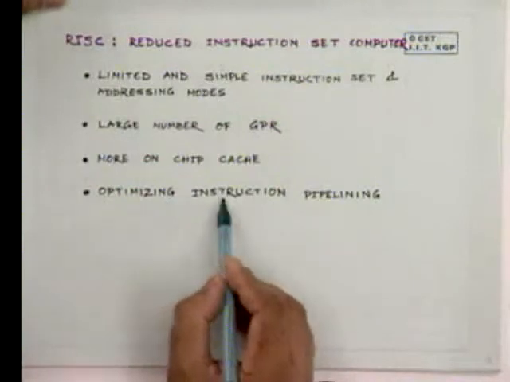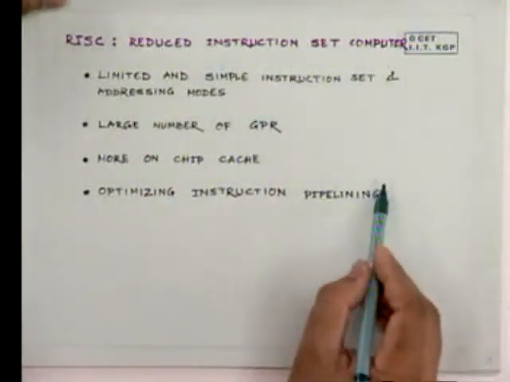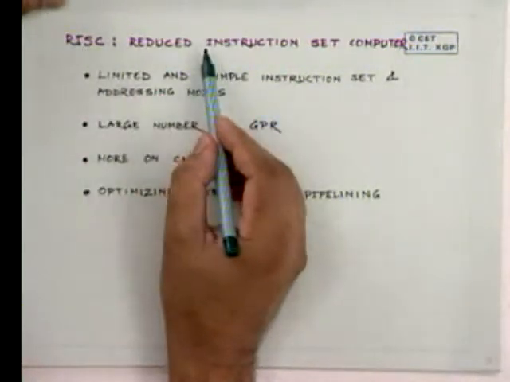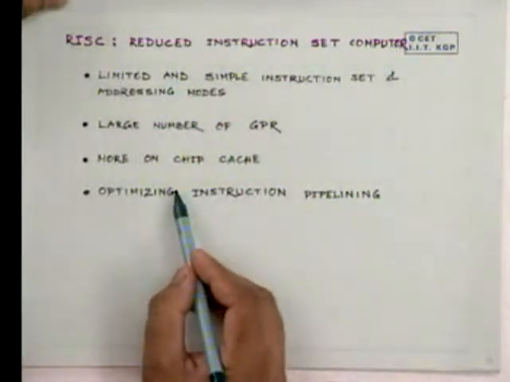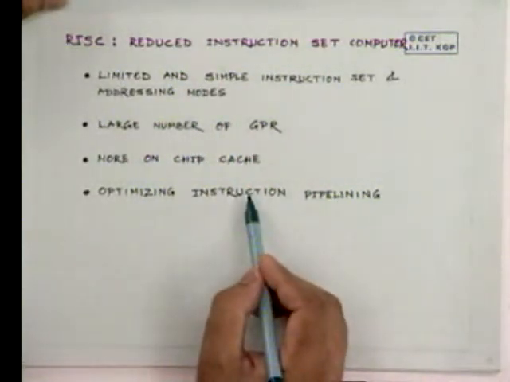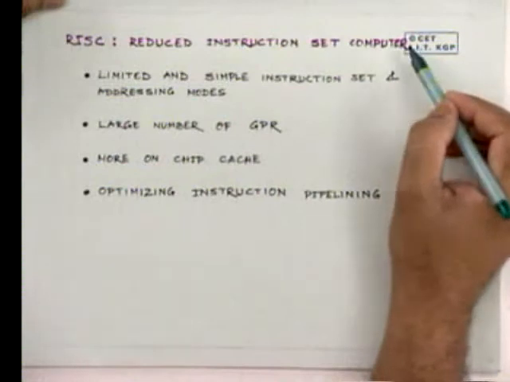By that I mean more than one instruction can be at different phases of execution simultaneously or concurrently, and this is called pipelining. Optimizing instruction pipelining is a feature of the reduced instruction set computer, which also increases the speed of execution of a computer.